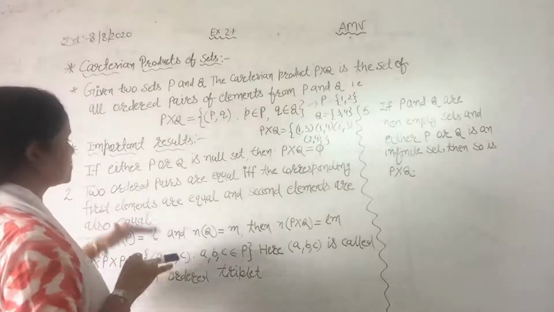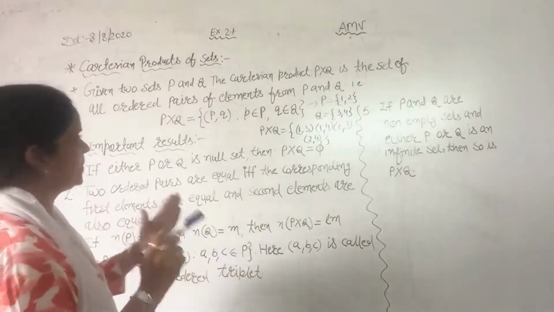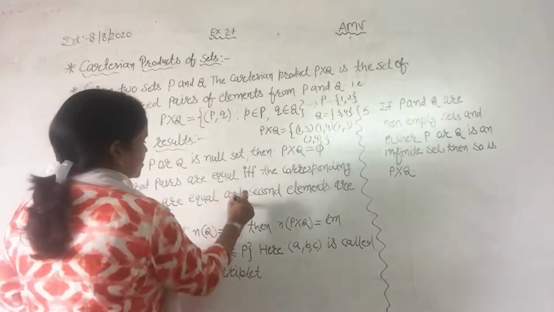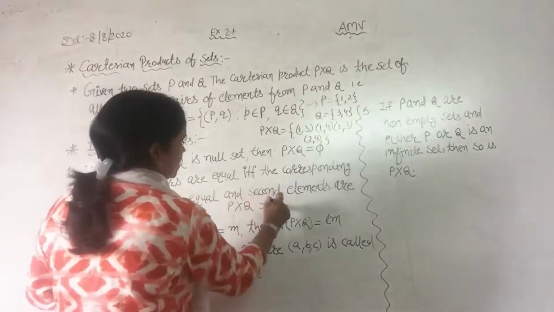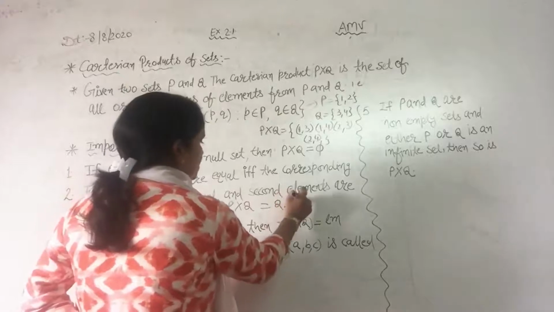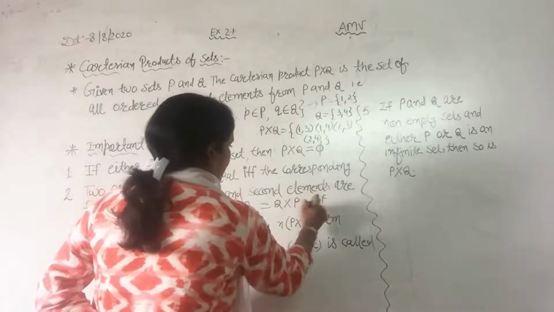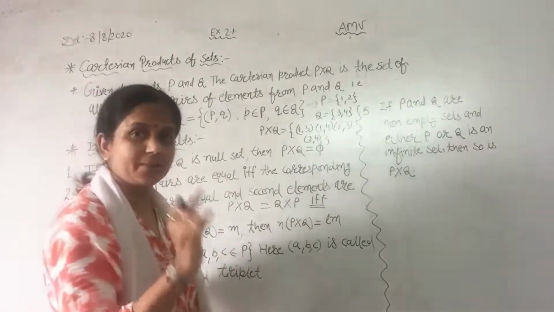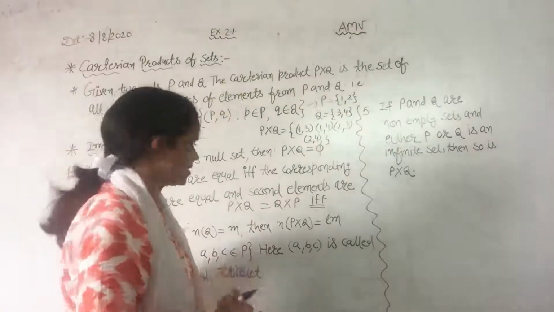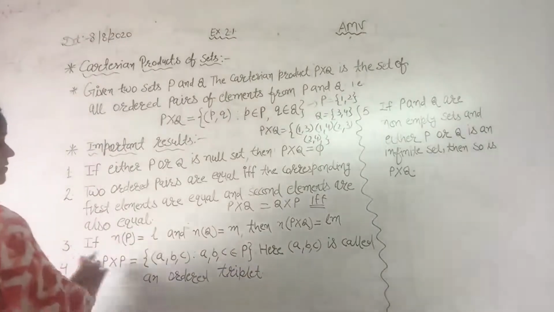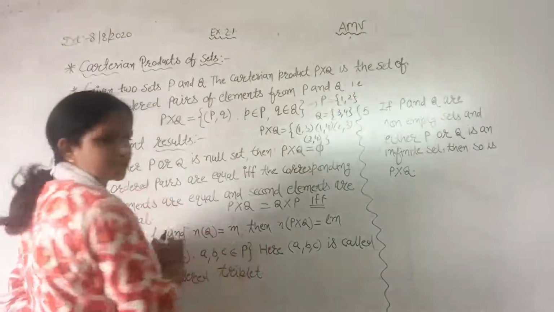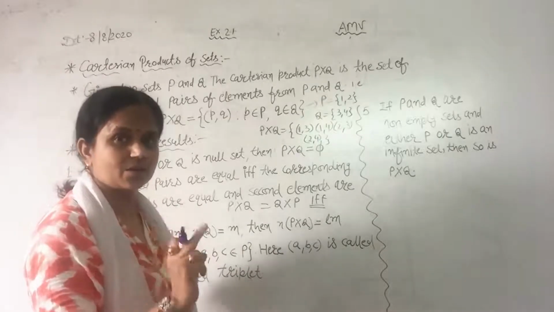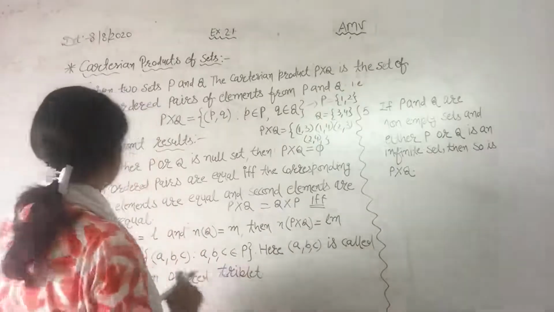It means, students, P×Q is equal to Q×P only if the elements of the ordered pairs are equal, and otherwise not equal. Cartesian product is not commutative.